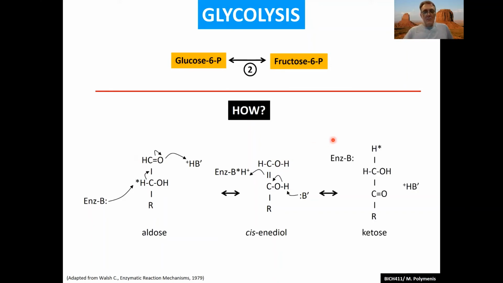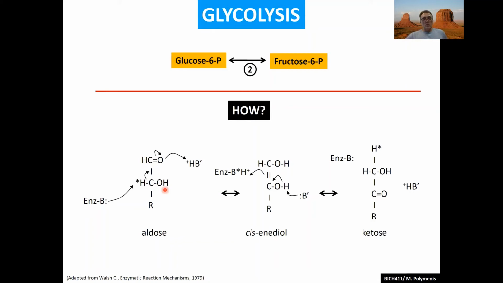But that's an intermediate. What happens next? Then you kind of go in reverse. Some general base, again, will pick up this proton, and now you form a carbonyl here, and you start pushing this double bond out, and it picks up another proton, and you end up with a hydroxy carbon. But at the next one over here, where it was a hydroxy carbon, that one became a carbonyl.